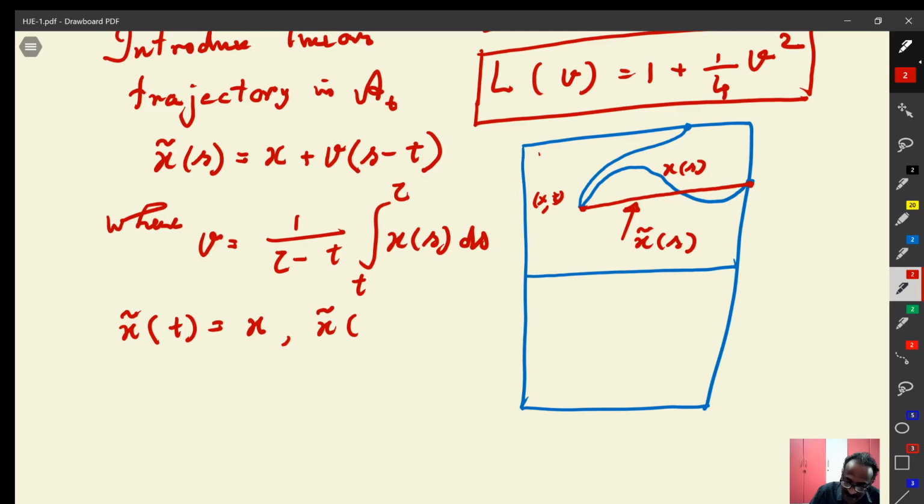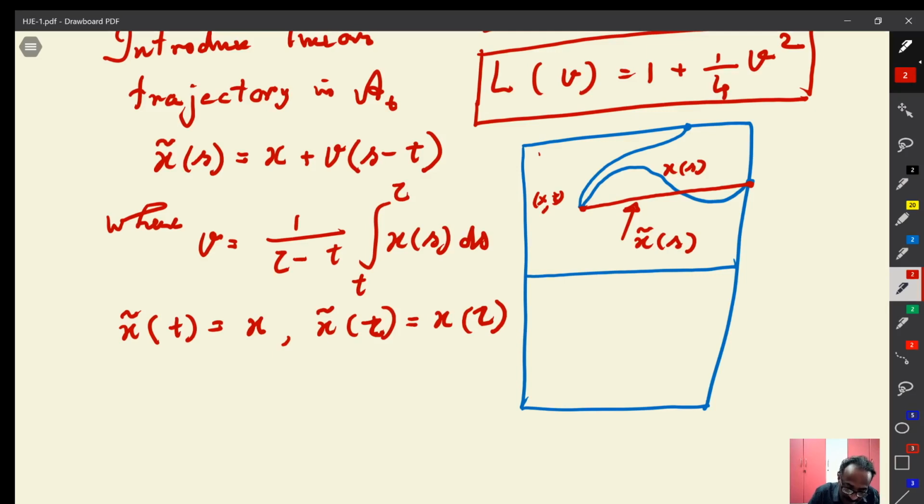It is tau minus t times v, and you will reach the same point, so it is the same trajectory connecting these 2 points.